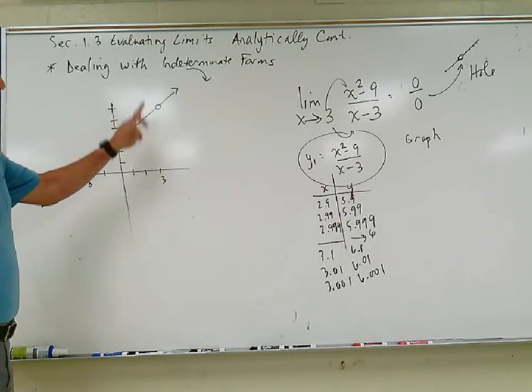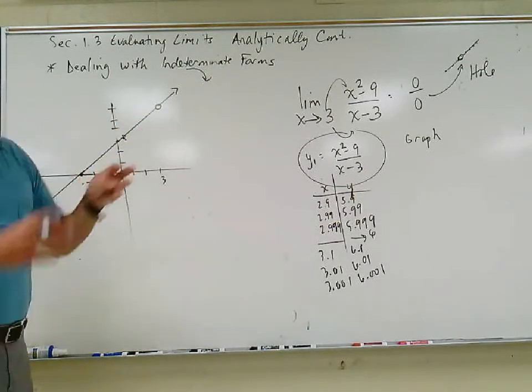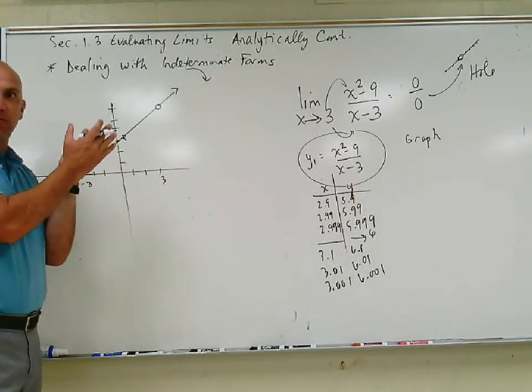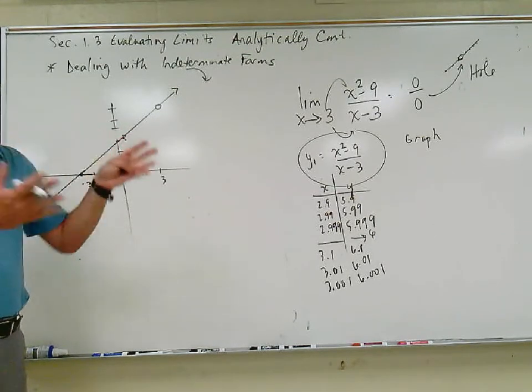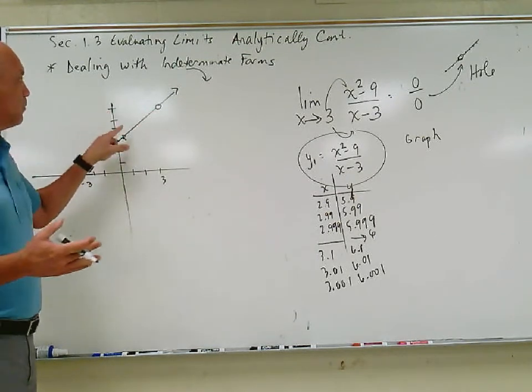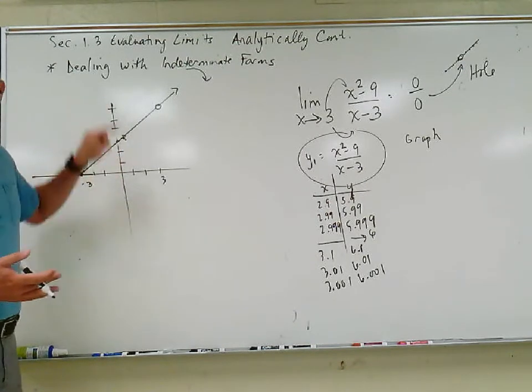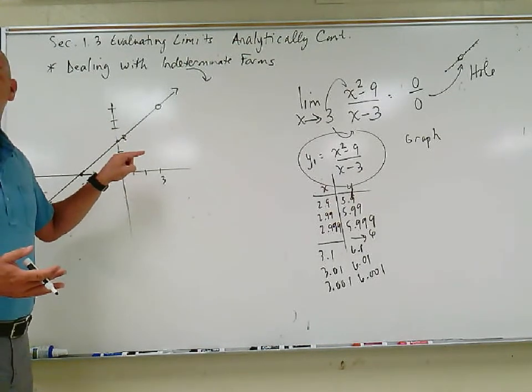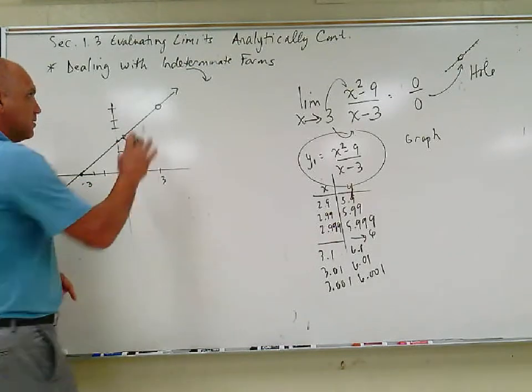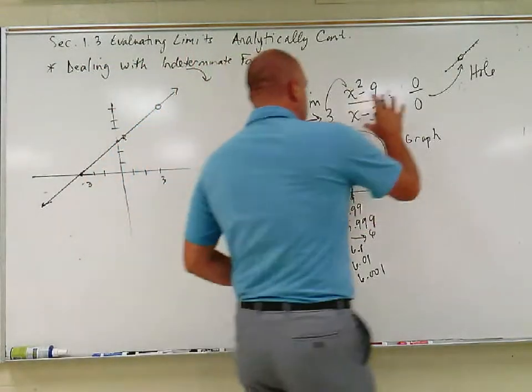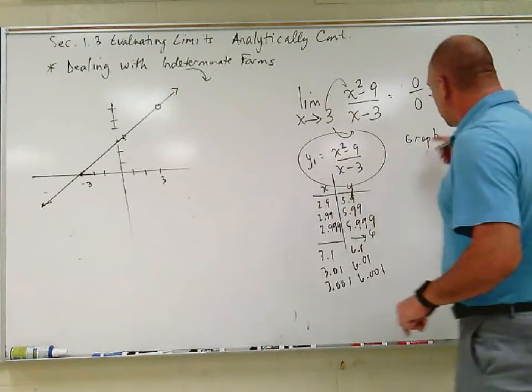But this graph is basically the sister of another graph. They're very closely related. It looks almost like what graph? If the y-intercept is 3 and I can tell that the slope is 1, what linear function is this? It's x plus 3. This picture, x squared minus 9 over x minus 3, is very close.